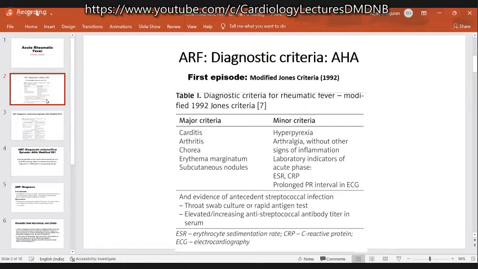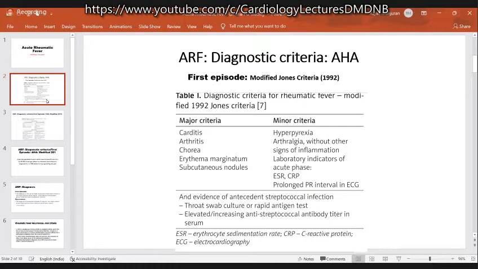And what do you mean by increasing titer? What do you mean by increasing anti-streptococcal antibody titer? What is the criteria? Any one of you?